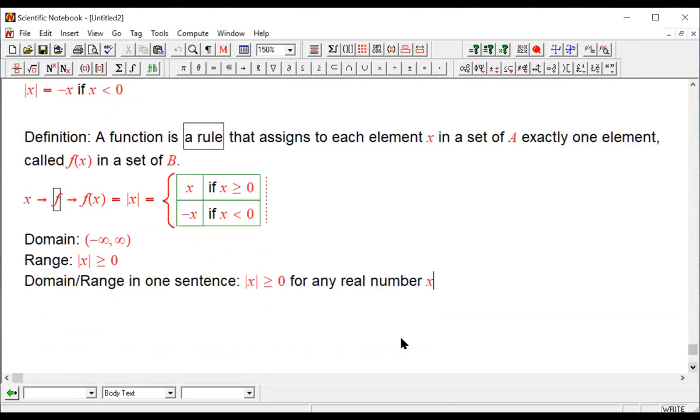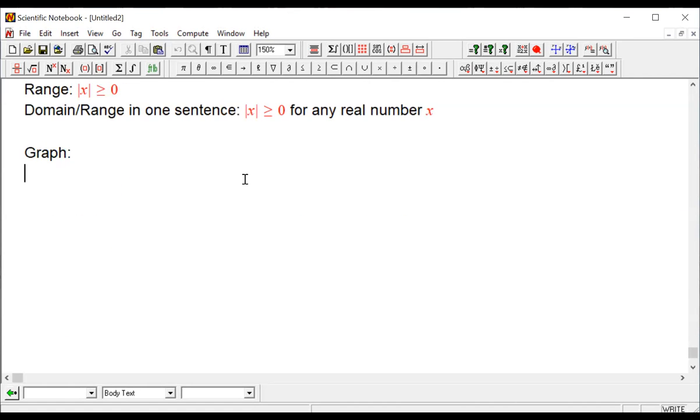So now we've got a domain, we've got the range. How about the graph? Input, output.